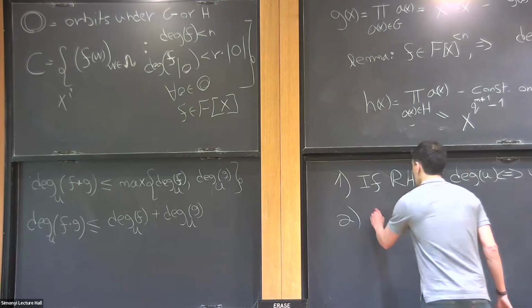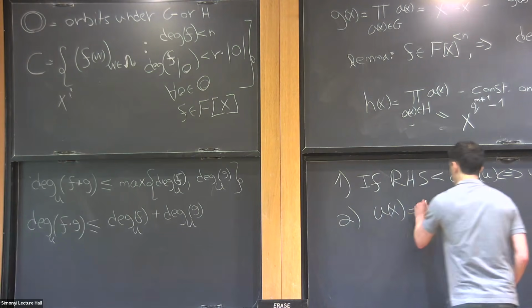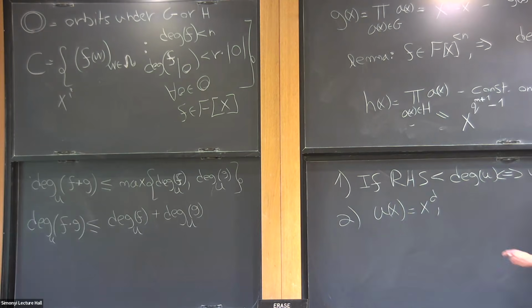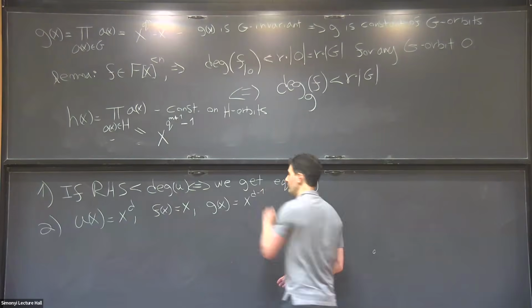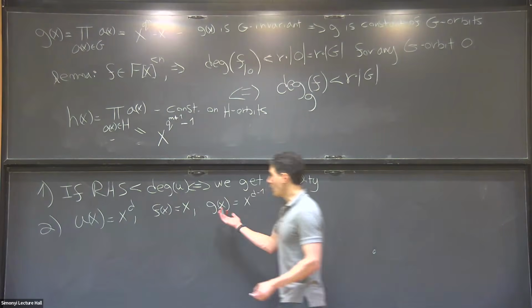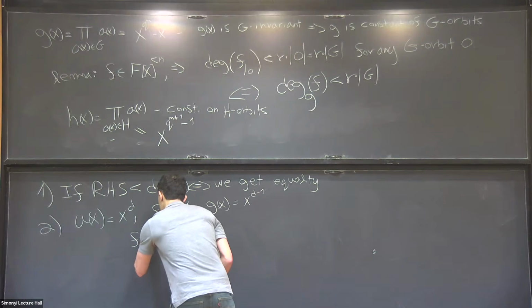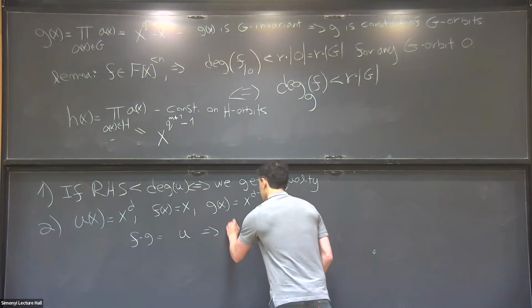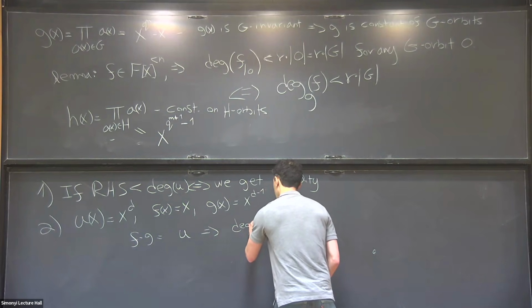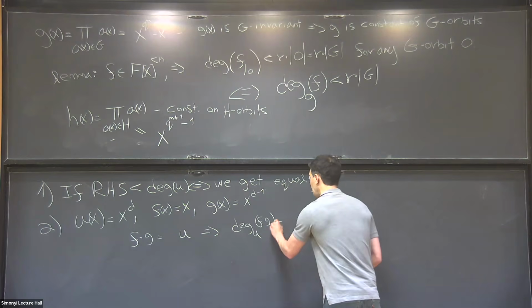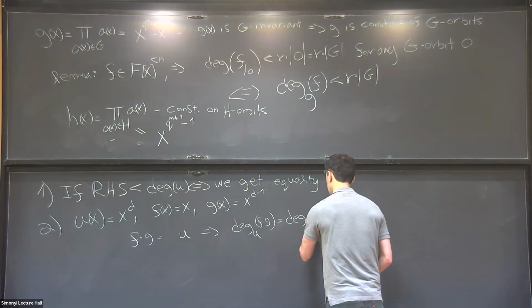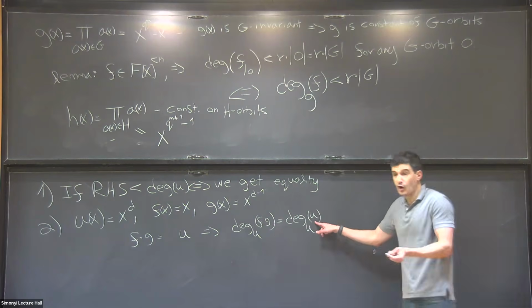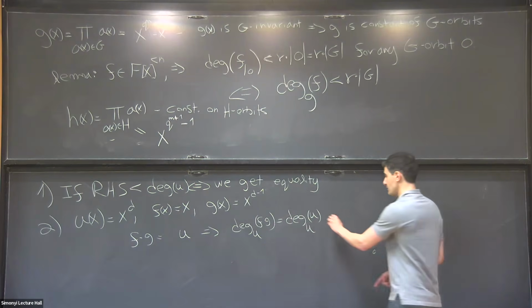Let me show you where you don't have equality. Look at this polynomial. Let's say u(x) is x to the d, f(x) is just x, and g(x) is x to the d minus 1. So the product of f and g equals u. Therefore, the u-base degree of f times g equals the u-base degree of u, but this is already written in the expansion, so this equals 0.